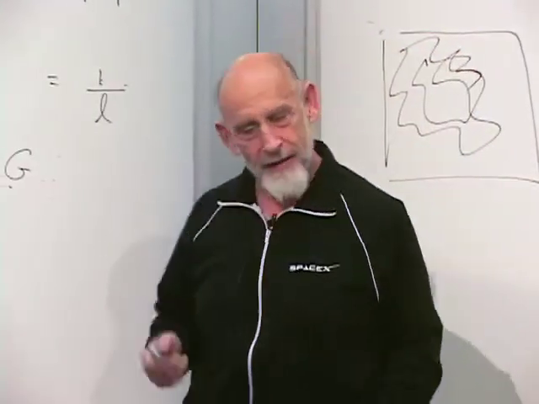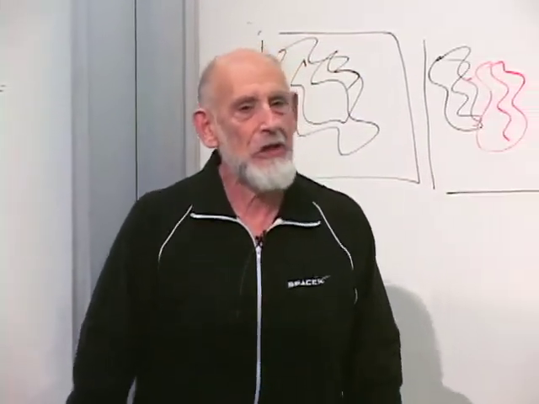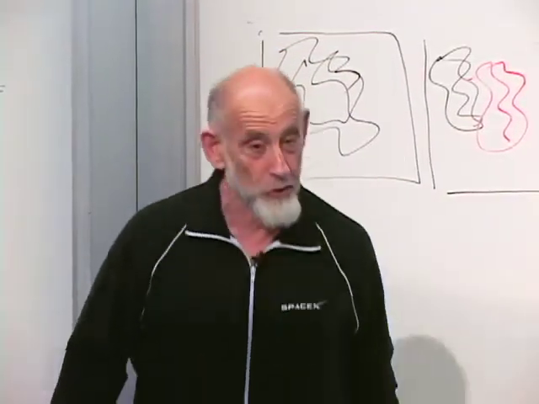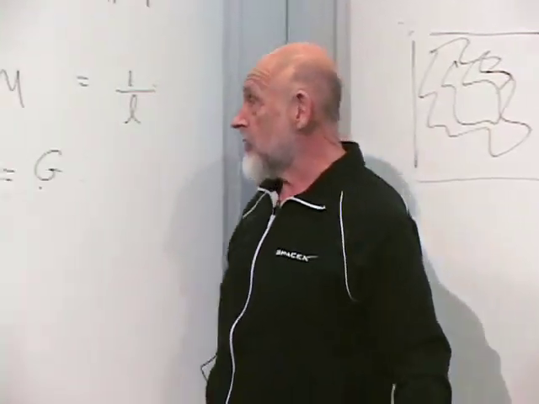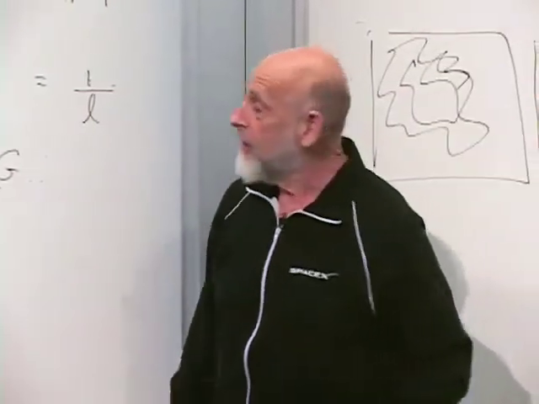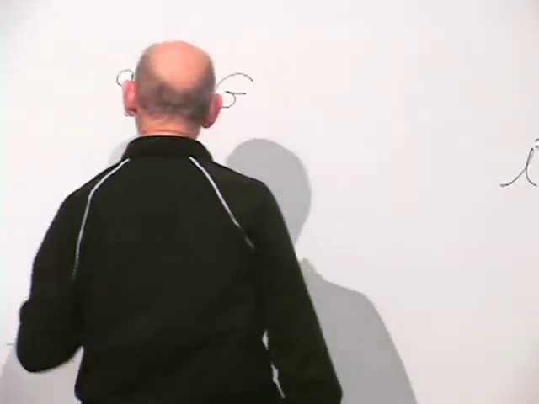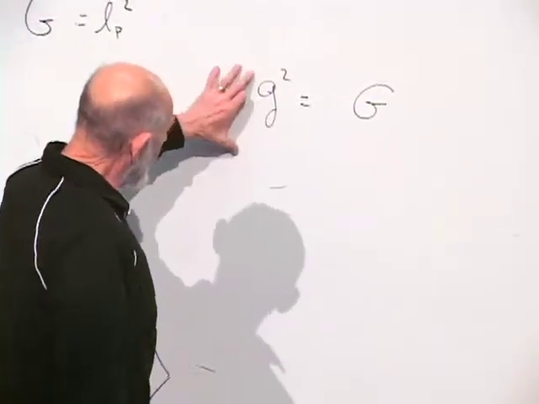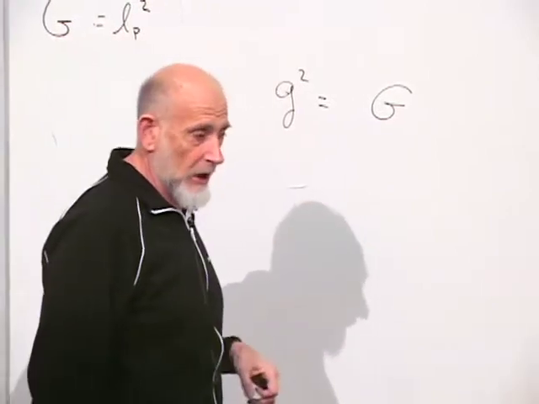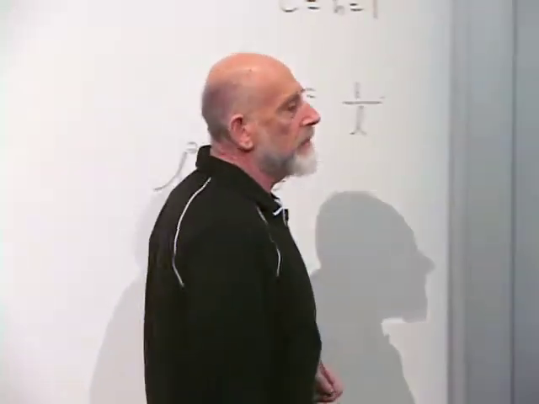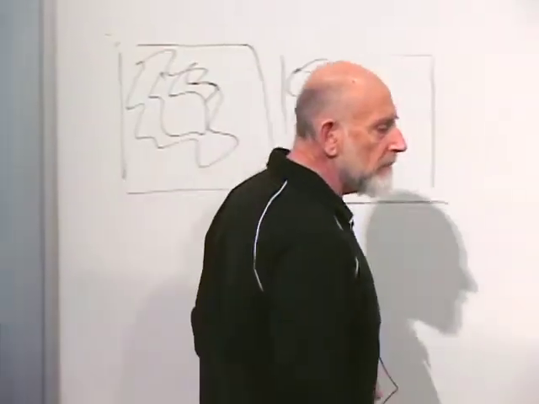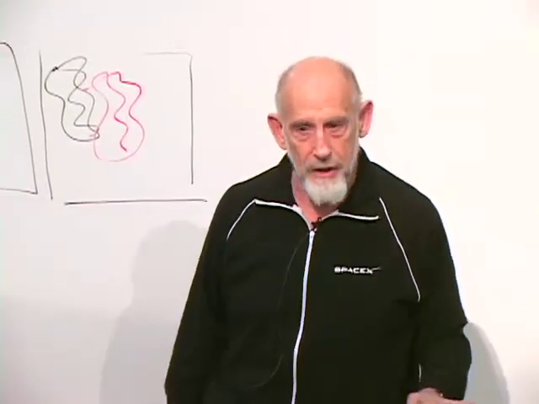But this can't be right. The left-hand side is dimensionless, it's just a probability. The right-hand side has units of area. So there has to be something else in here to make up the units, to give you an area on the left side. What is that? That has to do with the fundamental length scale of string theory.